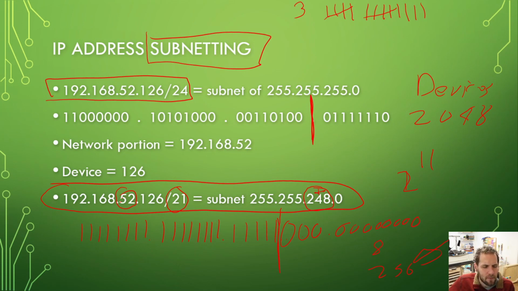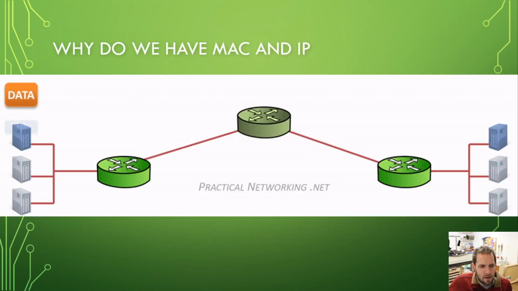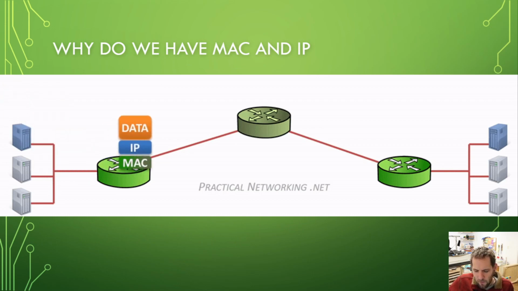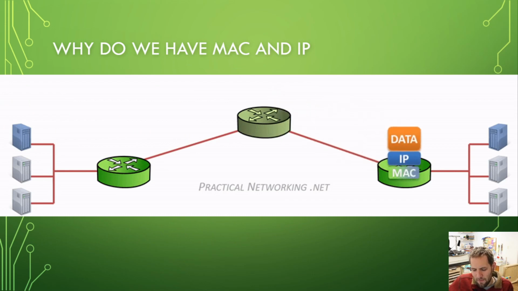Now, let's go to the next slide. There we go. Here we have a little animation of you sending information from one computer to another computer over the internet. As you can see, the MAC address keeps changing as it goes from one hop to the next.